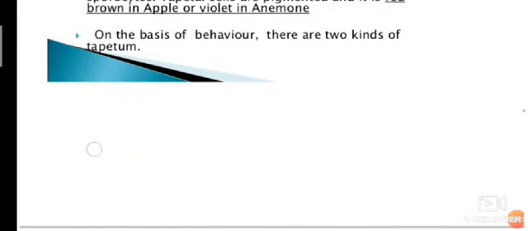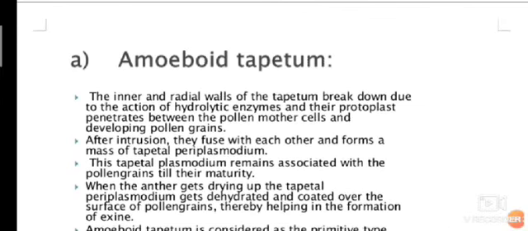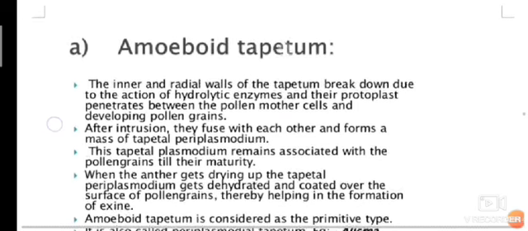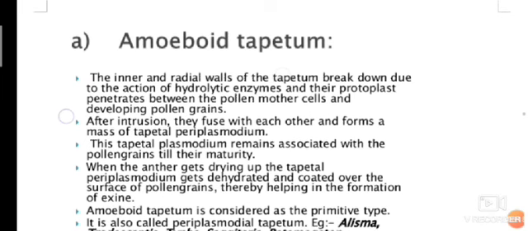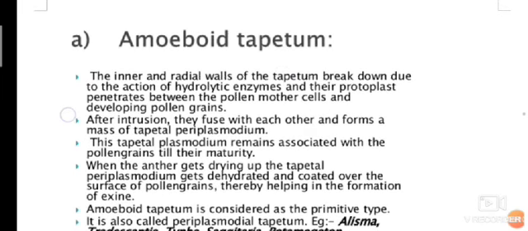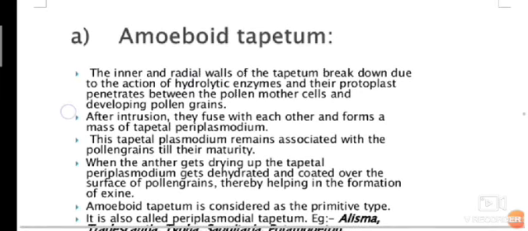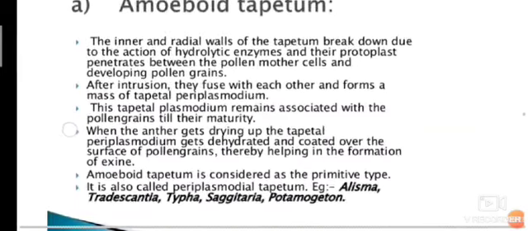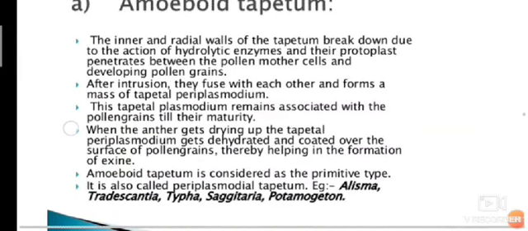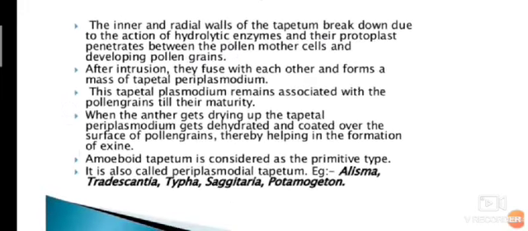On the basis of behavior, there are two kinds of tapetum. First one is amoeboid tapetum. The inner and radial walls of the tapetum break down due to the action of hydrolytic enzymes, and their protoplasts penetrate between the pollen mother cells and developing pollen grains.